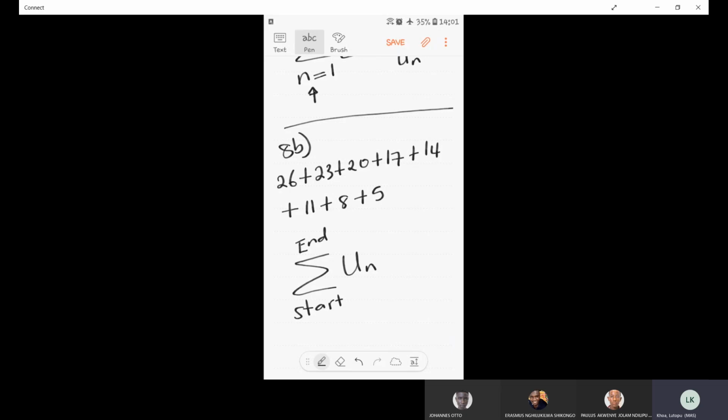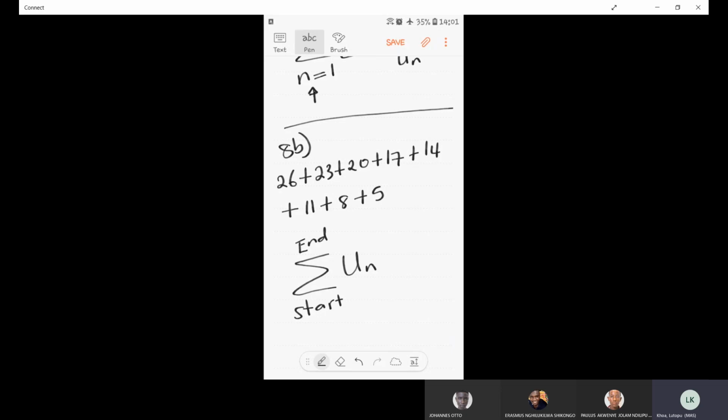So here you can check whether this is geometric. You say 23 divided by 26, you get 0.884. Then you say 20 divided by 23, you get 0.86. So already the ratio is not the same between the second and first and the third and second, so automatically it is not geometric.